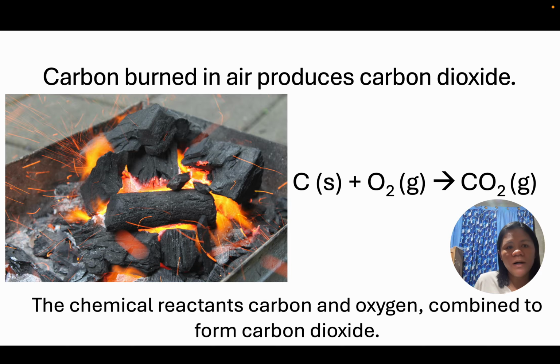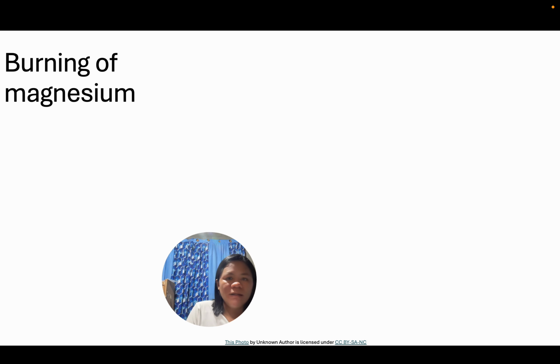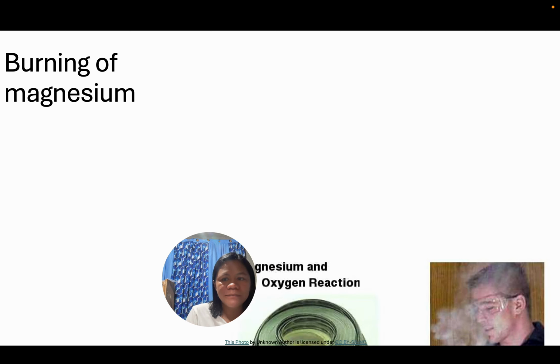So carbon in charcoal, for example, burned in air produces carbon dioxide. So our reactants are carbon and O2. And the chemical reactants carbon and oxygen combine to form carbon dioxide. So this is an example of a direct combination reaction. The next example is burning of magnesium.